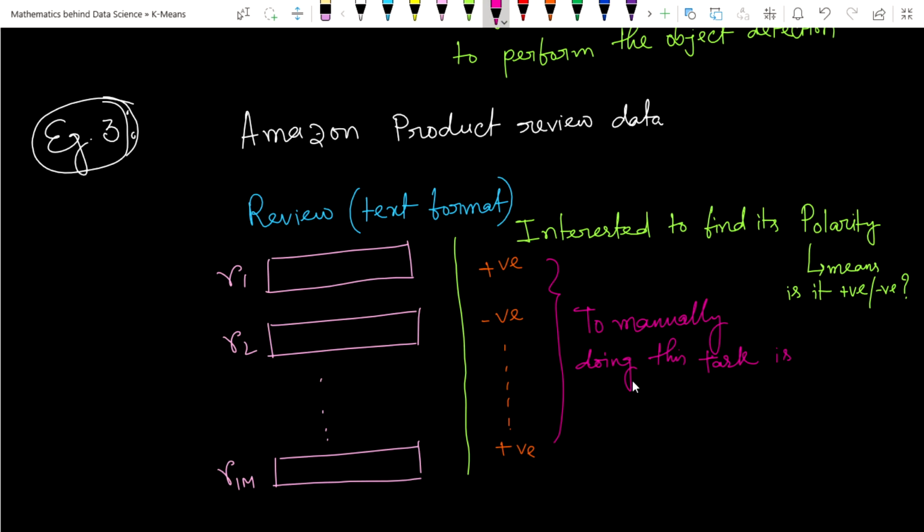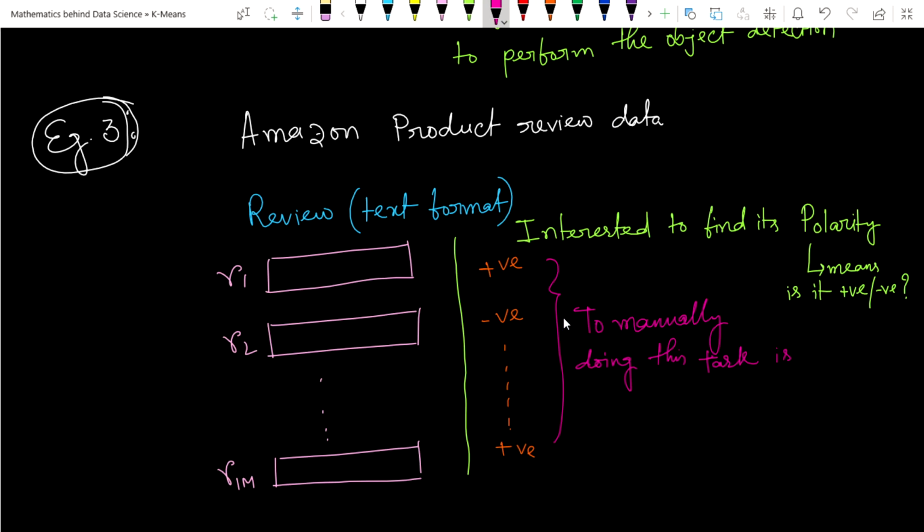We have to invest money and a huge amount of resources in it. Suppose we are going to start a startup. In such situations, it is impossible for a startup company to spend this much money to find the simple polarity of review data.